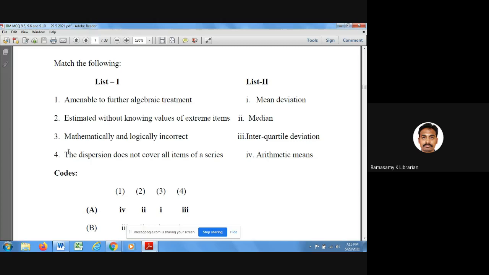All these measures can be used to check to what extent your data is moving away from the mean score of the data. Fine. See, when you talk about interquartile deviation, for example, as I told you, you have collected data from 100 students. Okay. You arrange all the 100 points in decreasing or increasing order.